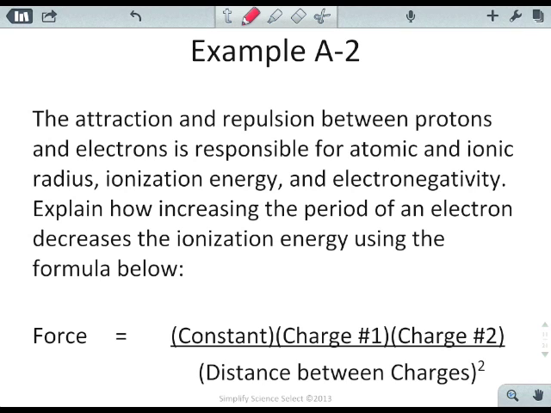We're increasing the distance. We're going to use this equation below, and the one thing you should do is look at the distance between the charges, the distance between the protons and the electrons. So if we increase the distance, what happens to the overall force? And remember, you've got to think, what is ionization energy? Those are some tips to try to work out this problem. Let's see if you can get the right answer.